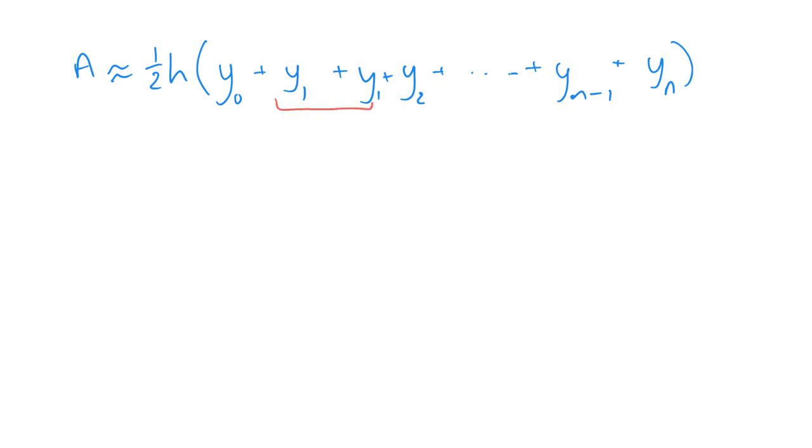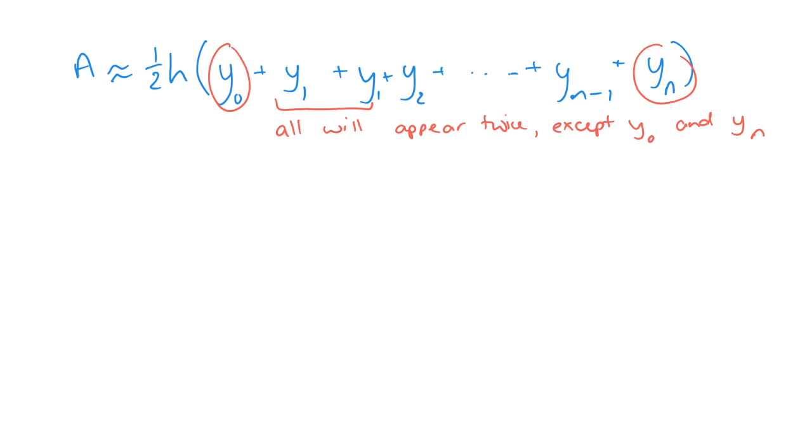Hopefully you can see that all of these ordinates will appear twice, except y0 and yn. So these will only appear once. So our formula is going to be y0 plus yn plus 2 times all the other y values.